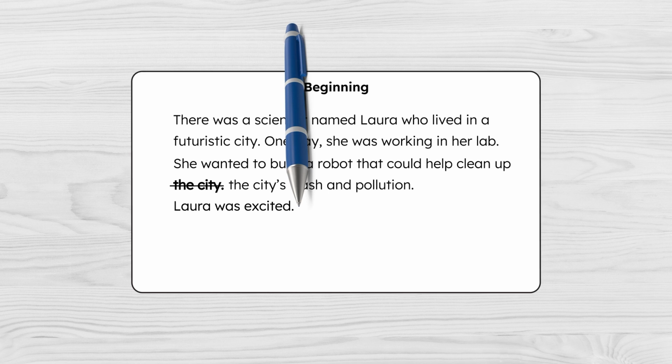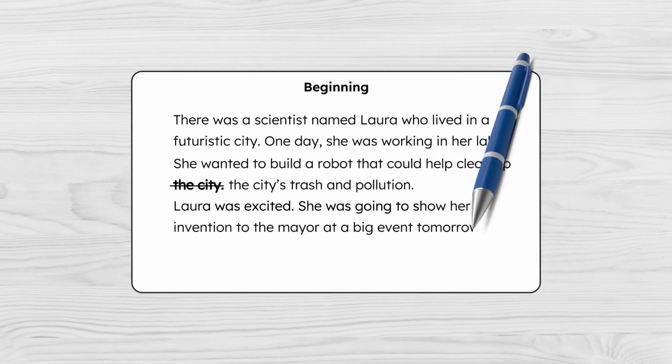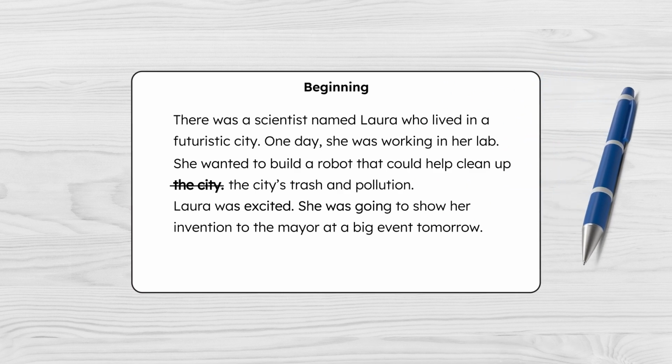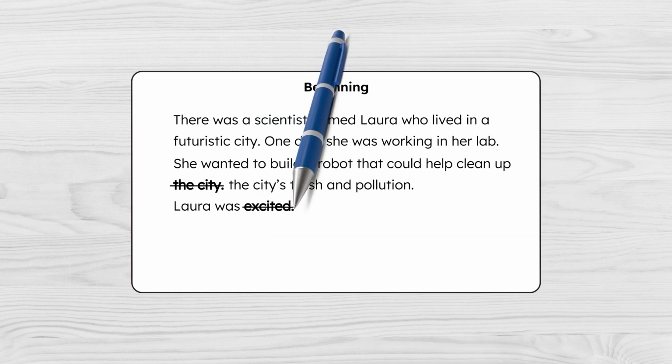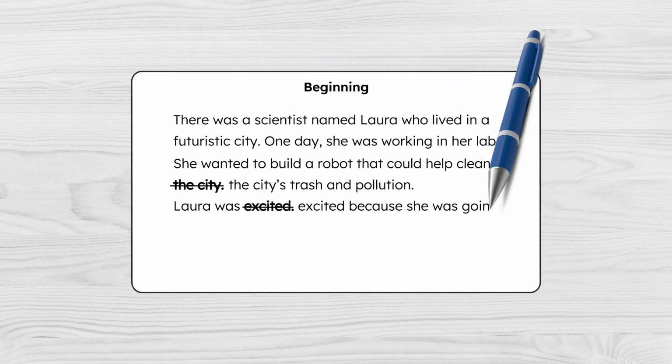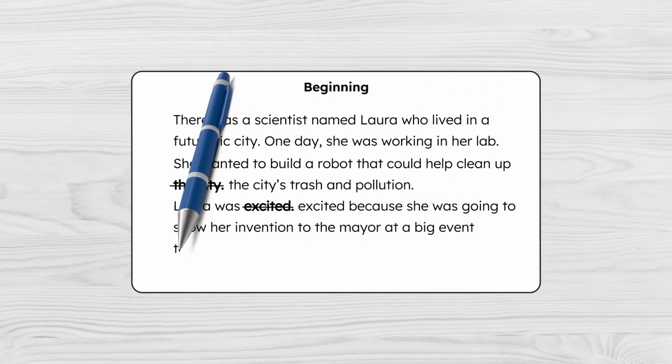Then, she was going to show her invention to the mayor at a big event tomorrow. Hang on. We can connect those two sentences using because. I'll write, Laura was excited because she was going to show her invention to the mayor at a big event tomorrow.